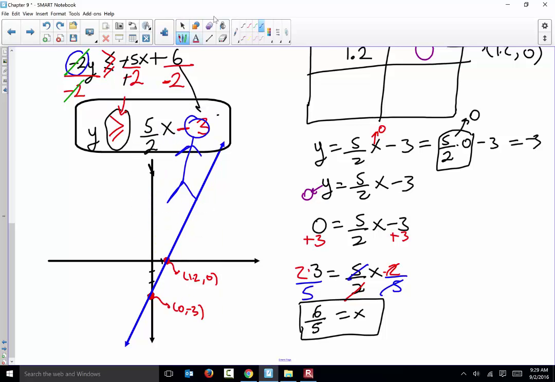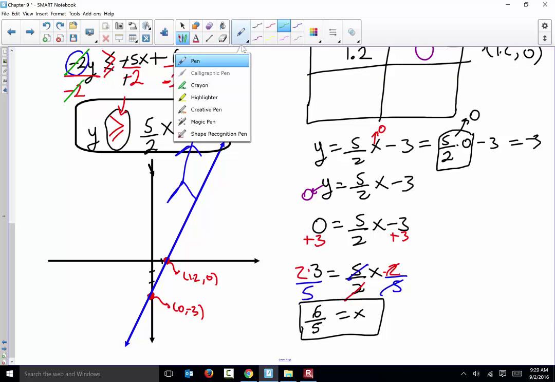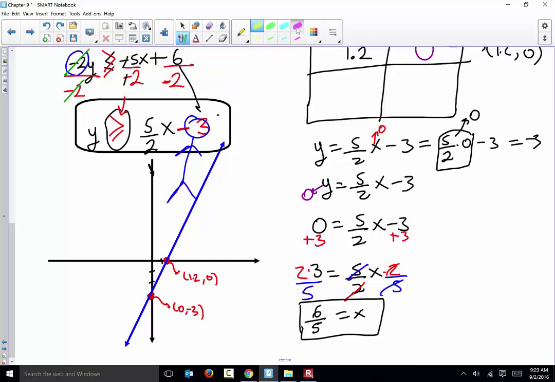So how are we going to do that? You may go with these kind of shades, but I think I have spray paint. Crayon or highlighter is better. Let's go with this option. I'm going to color it.